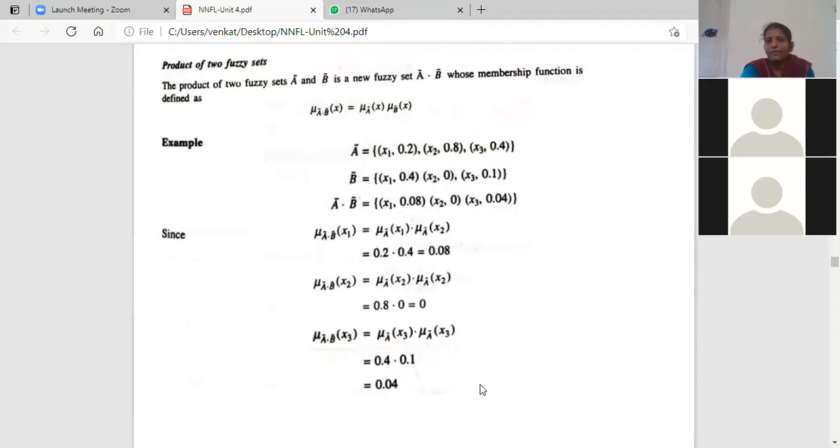So, product of two fuzzy sets. Please work out, all of you. Please note down in a book and work out. So the product of two fuzzy sets: how to calculate it? A and B, two fuzzy sets are given.